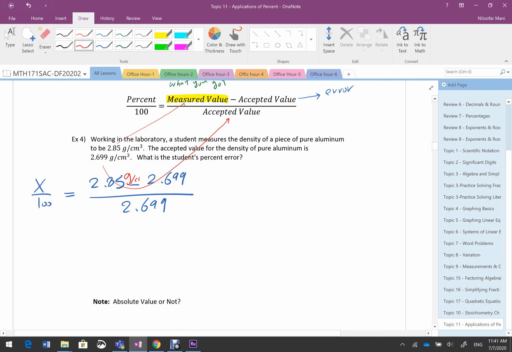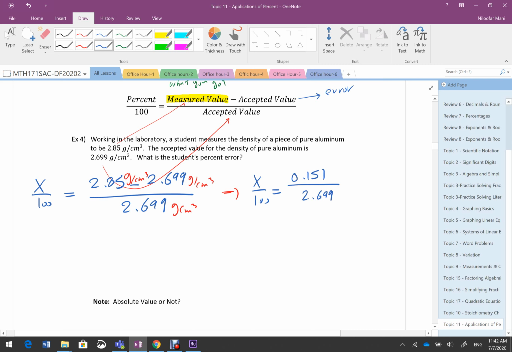So gram per centimeter cube, gram per centimeter cube, and gram per centimeter cube. So now I can find it. x over 100 equals 2.85 minus 2.699, so it is 0.151 divided by 2.699.